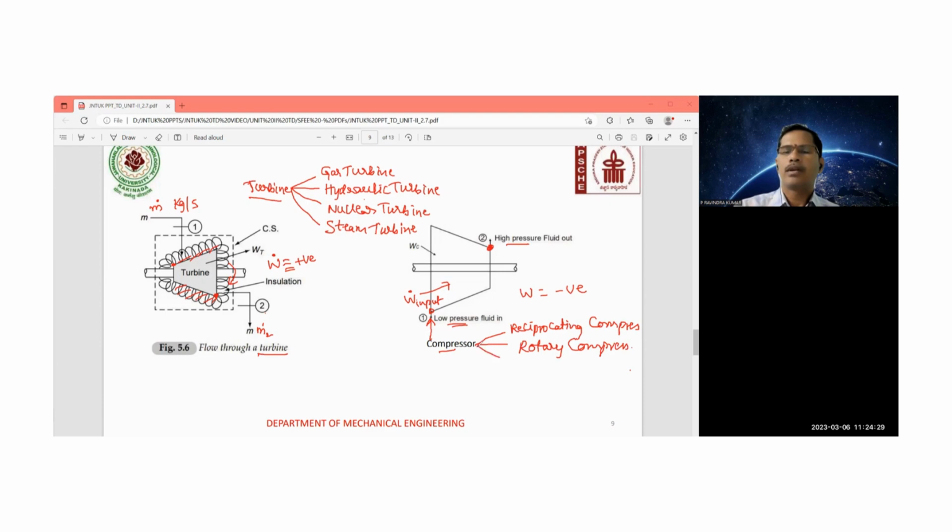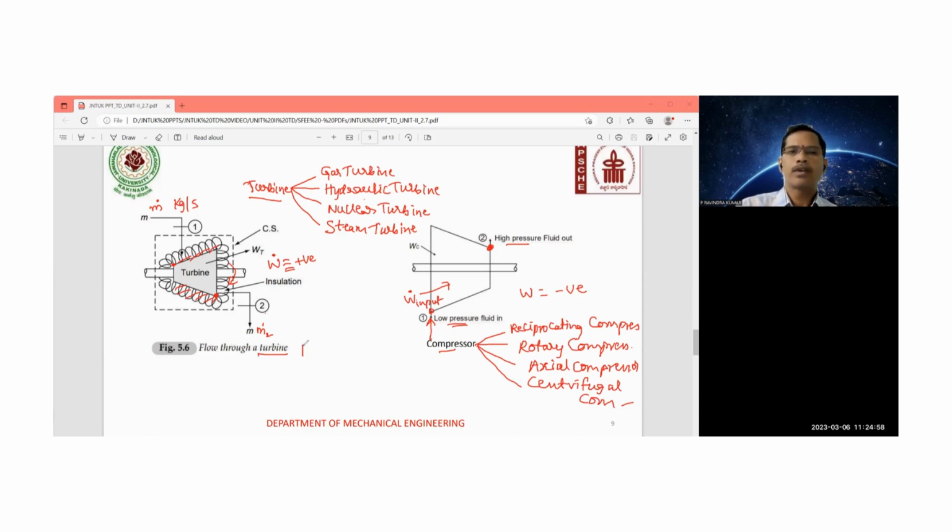I am also discussing the different varieties: the axial compressor, which is used in gas turbine and aviation applications, and another one, the centrifugal compressor.